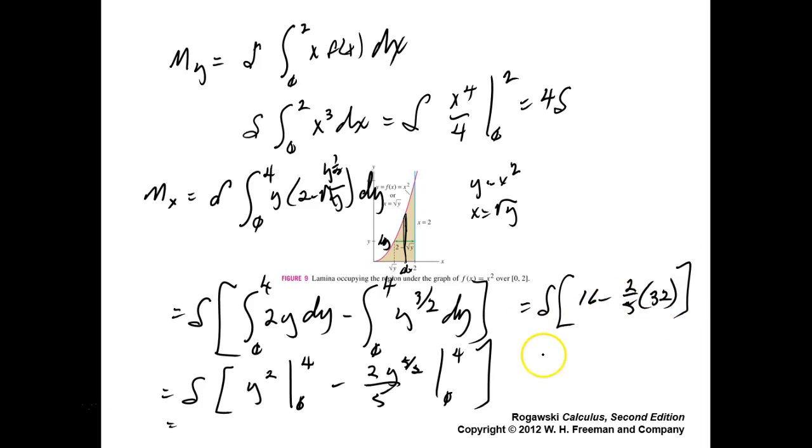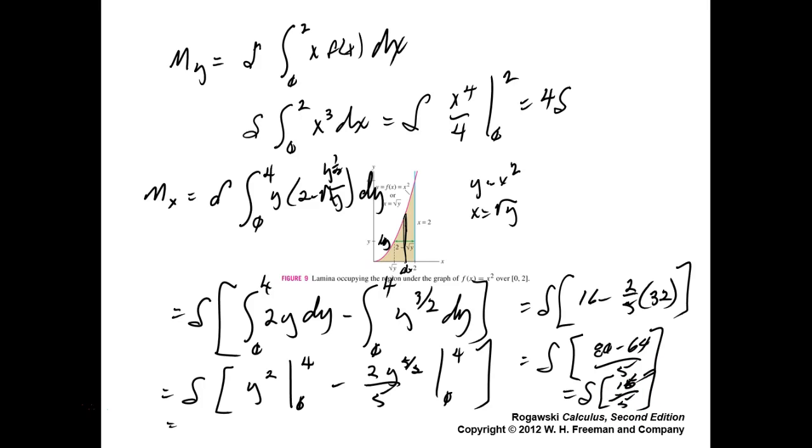Well, that's going to be messy, but it's going to be delta times, that would be 80/5 minus 64/5. That's going to be delta times 16/5. And that gives you your m sub x.